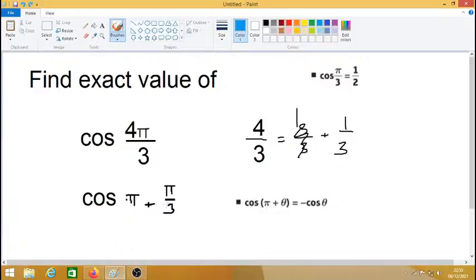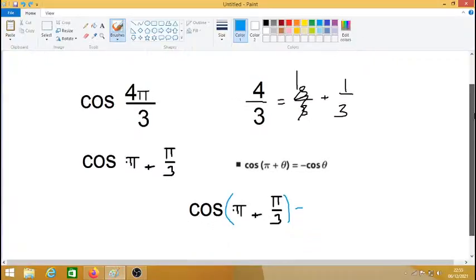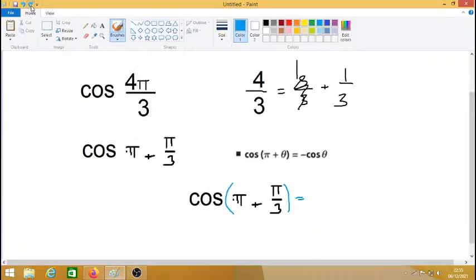So cosine and then pi plus an angle, and that tells me that all you need to do to get the answer to that pi plus an angle is you just do minus cosine of that angle. So that means pi plus pi over 3, the cosine of that will just be equal to minus the cosine of pi over 3. And cosine of pi over 3 is one that we memorized or you will be memorizing, and that's just minus a half.